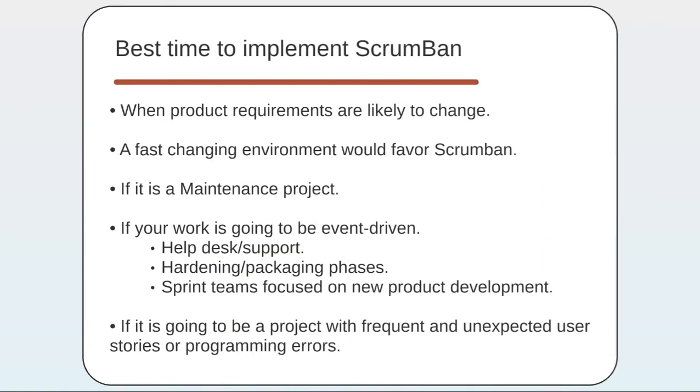Talking about the best time to implement ScrumBan, obviously when the product requirements are likely to change. Also, if you take a look at the last point, if the project is having frequent and unexpected user stories. This was the theme of TechSupport lately. One day we would plan a couple of PBIs, take them to a sprint and go home.